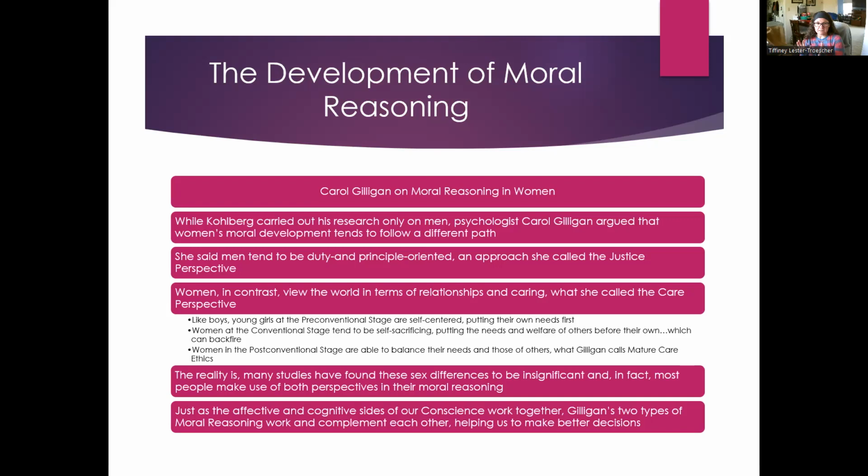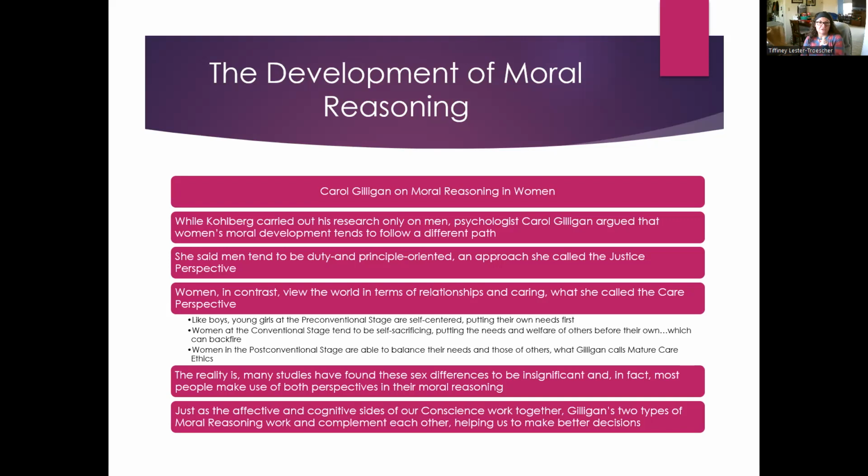I don't think we necessarily need to view them as gender different, but it's just 2 more perspectives to fold into Kohlberg's theory of moral development. Some people will have this justice perspective. Some people will have the care perspective. Most people will try to embrace both, depending on the situation, perhaps, right? So it's interesting.